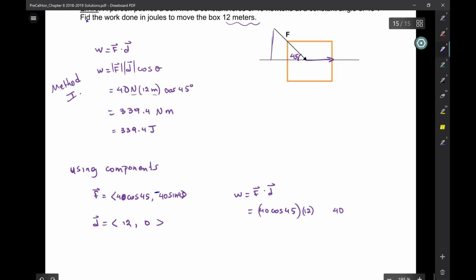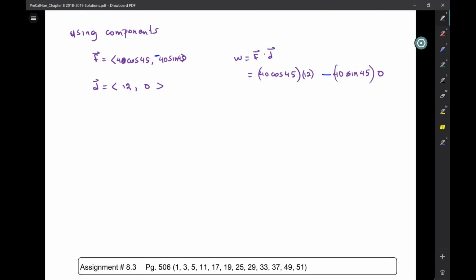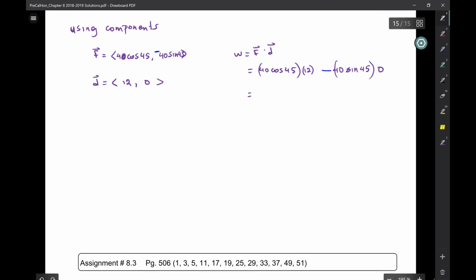So minus 40 sine 45 times what? 0. Do you see how, even in the math, everything in the negative direction just goes away because there is no motion in that direction? That's so beautiful. Why aren't you guys as excited about this as I am? Only the part that's in the same direction as the motion stays. So we still get 40 times 12 times cosine 45, which is 339.4, still in joules.